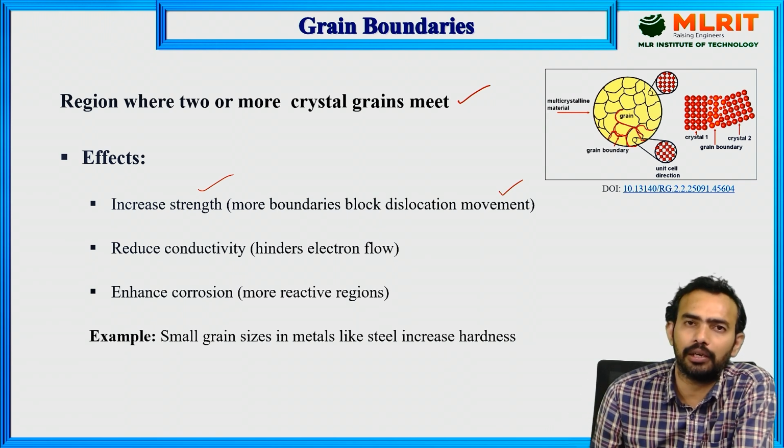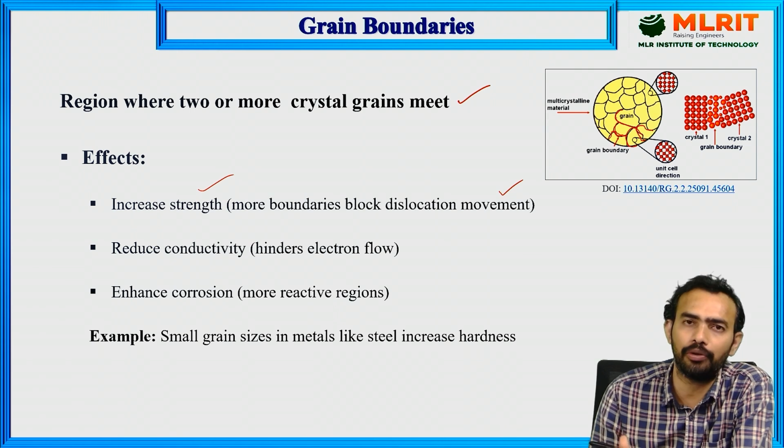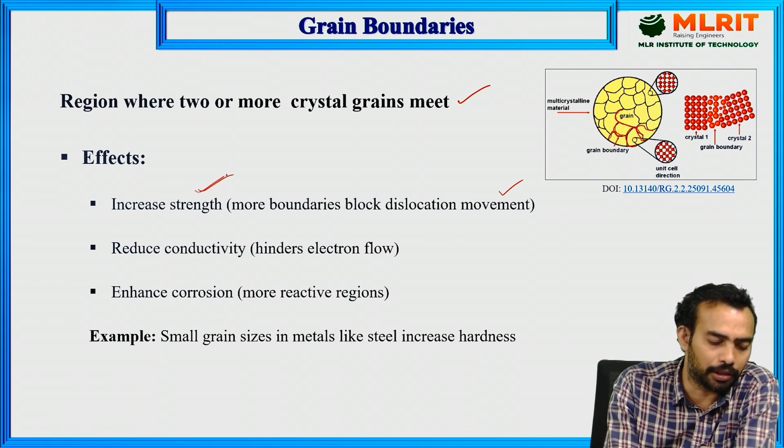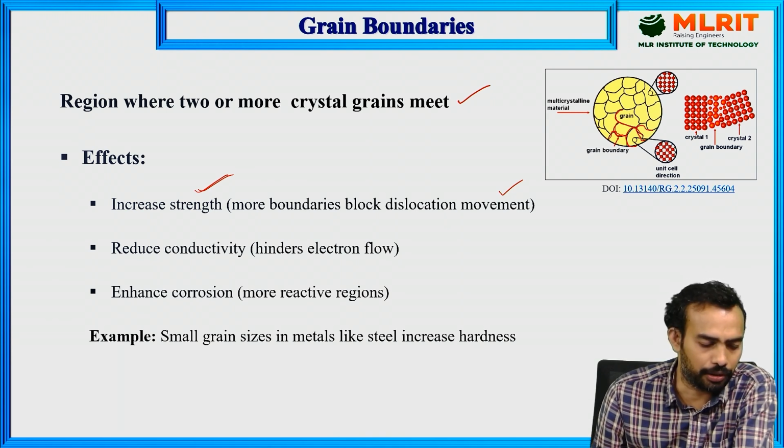At that particular boundary region, because of the irregular atomic arrangement, the dislocation movement will be arrested. So if more grain boundaries are present in the material, in short, it will be increasing the strength of the material. So always we seek a fine-grained structure in the metals to have better strength for the material.